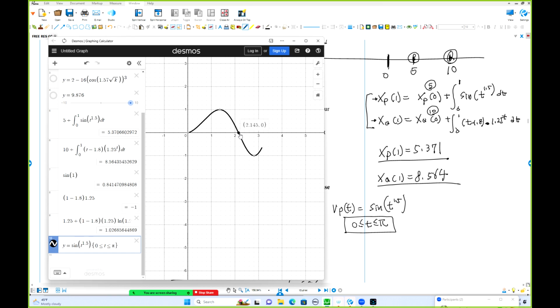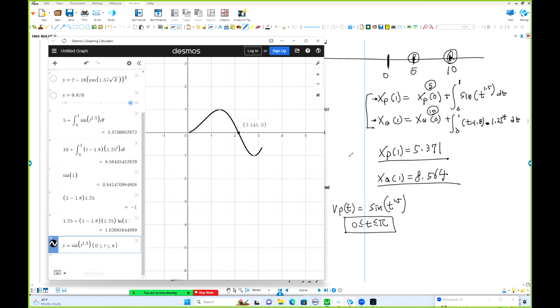After 2.145, up to pi, about 3.1, then it moves to the left. So we're gonna add all this area under this curve, the travel distance to the right and the travel distance to the left.